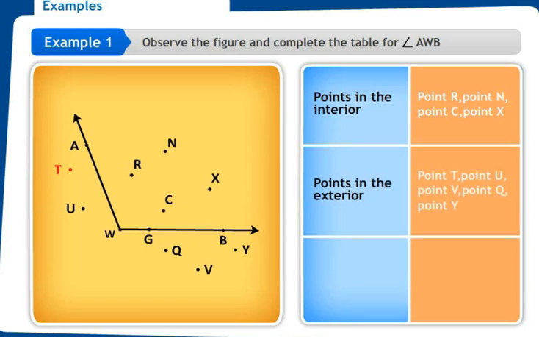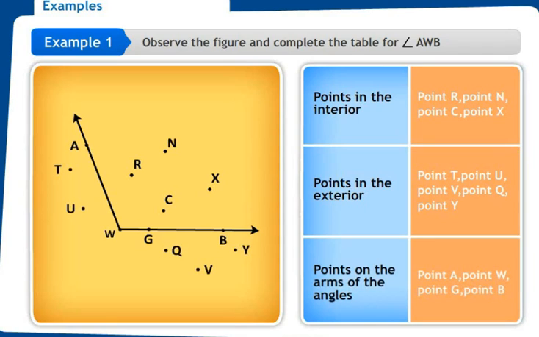Now points in the exterior, you can see point T, point U, point V, point Q, point Y. Since these points lie outside the angle, they are in the exterior.